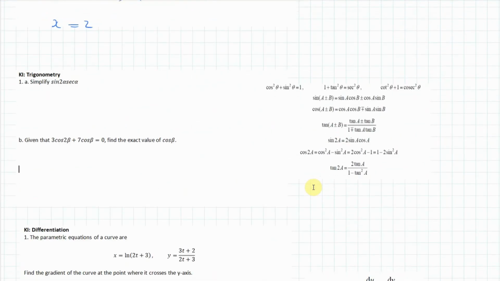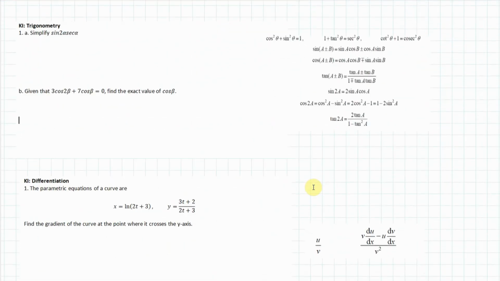Now, the next one is a trigonometry question, and you can see, hopefully, when you look carefully, it's a 2 alpha and an alpha here. So maybe I'll write this as sine 2 alpha over, now sec alpha is like 1 over cosine alpha, so I can write it like this.